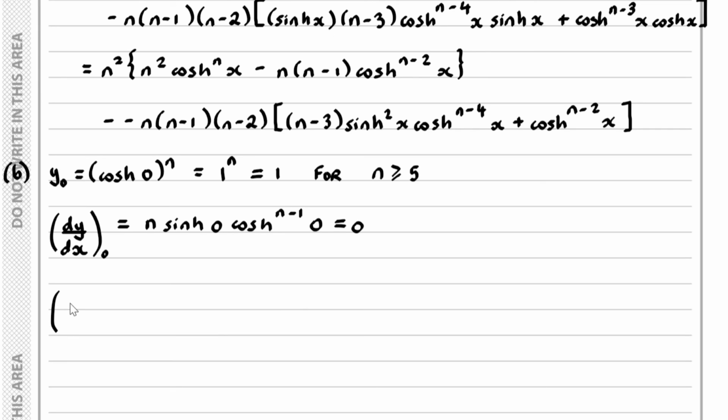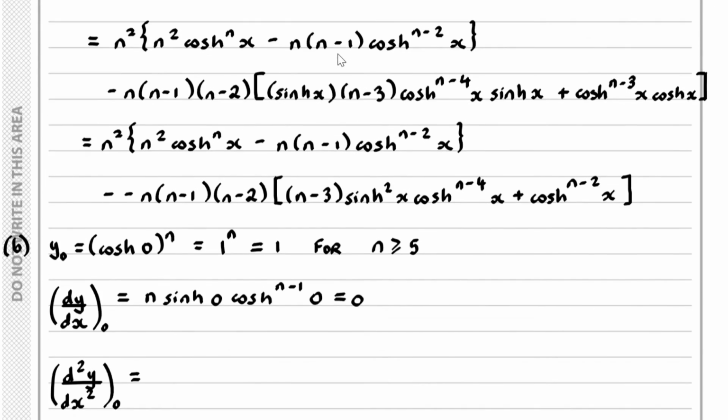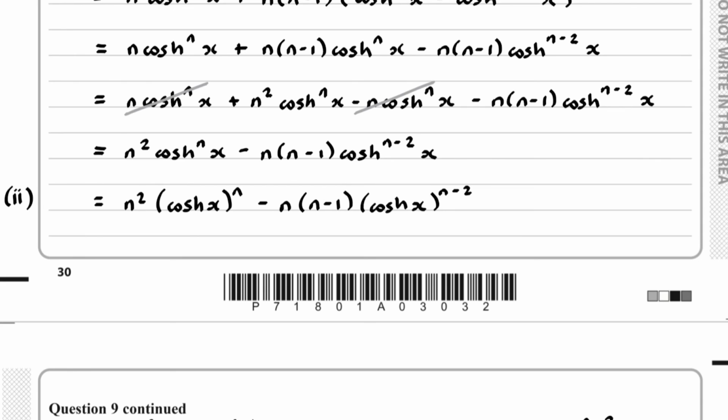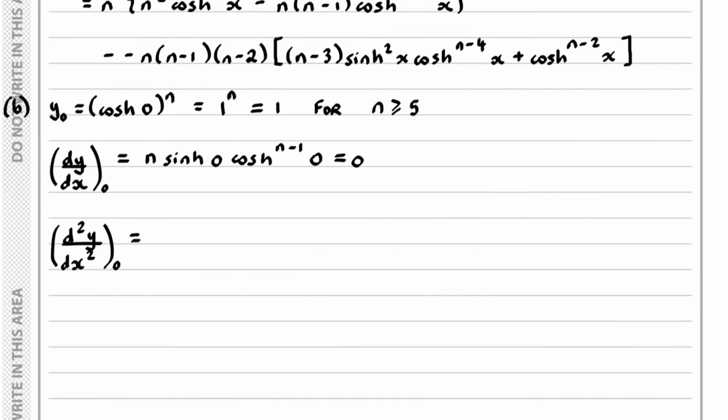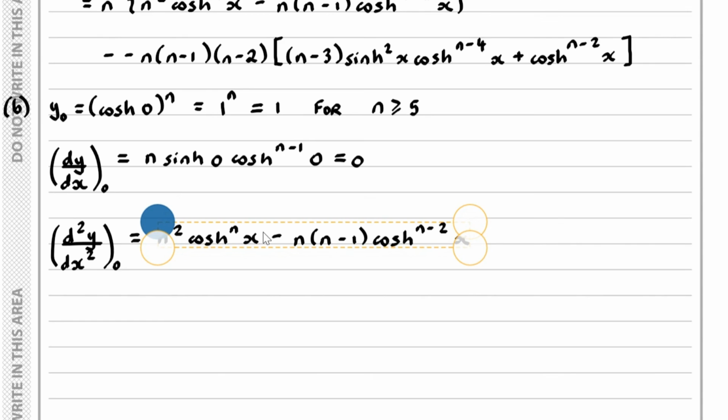Then for the second derivative, when x is 0, I know what the second derivative is equal to. That's this result here. I can replace the x with 0, and cosh of 0 will equal 1.